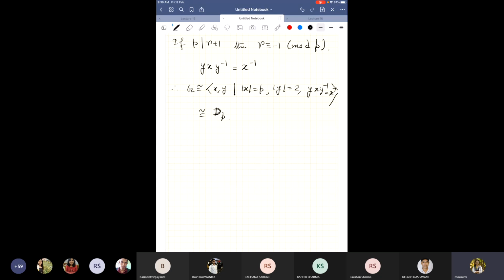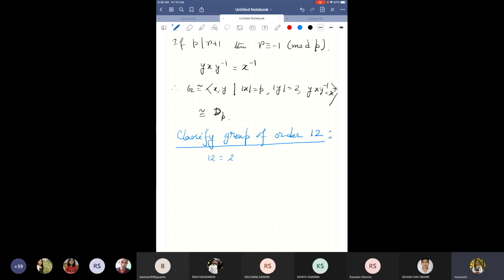So the next thing is: classify groups of order 12. If we would like to classify groups of order 12, then first of all we need to do the prime factorization of 12.